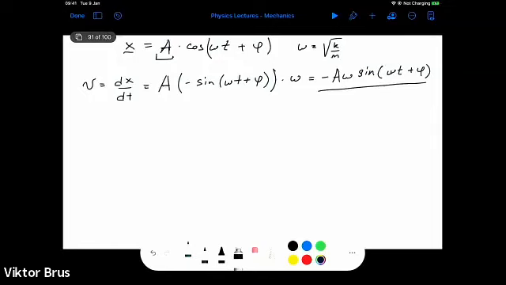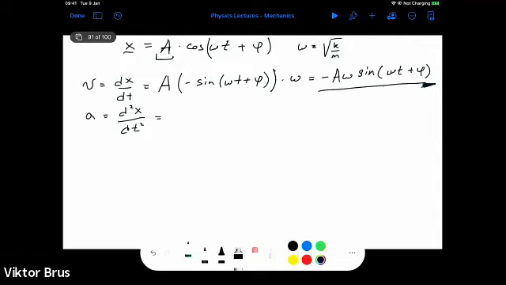So this is the equation which describes the velocity of the body which performs simple harmonic motion. And now we determine the acceleration. This is the second derivative of position, d squared x over dt squared. So here we need to take the derivative already of this function.